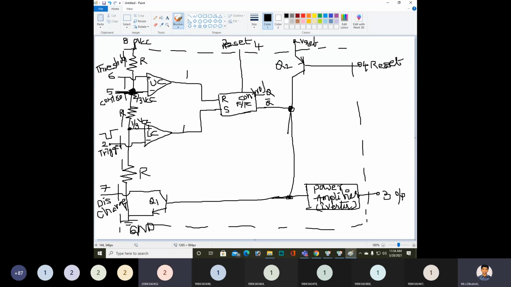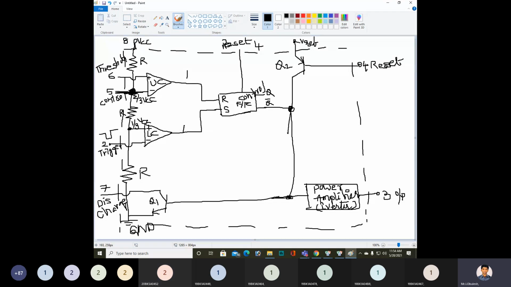For the upper comparator, see here, we have a control voltage. Here we are applying control voltage through pin 5, right? Yes, sir. That value is greater than 2 by 3 VCC, we get the output value equal to 1, the R value.